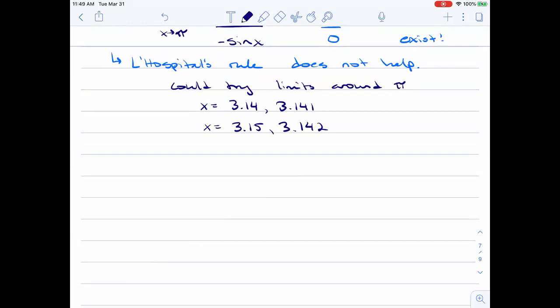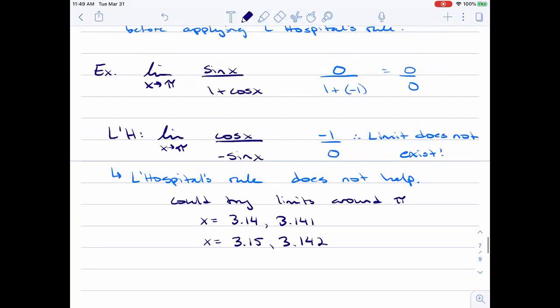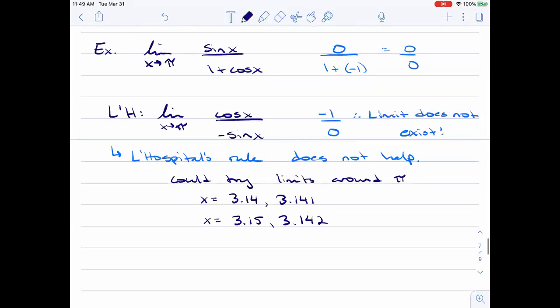We're not going to do that, but we could if we were desperate to find this limit, which in this case we're not. I'm just showing you that sometimes, even though we have this indeterminate form, we might end up where the limit does not exist, and then we could branch out and look at some other limits.